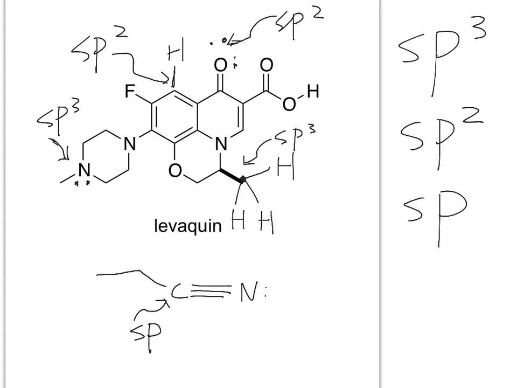The nitrogen over here, which has 1 sigma bond and a lone pair, also adopts sp hybridization, with the lone pair occupying an sp hybrid orbital, and there will be 2 p orbitals perpendicular to the sigma framework that are used to form the pi bonds.